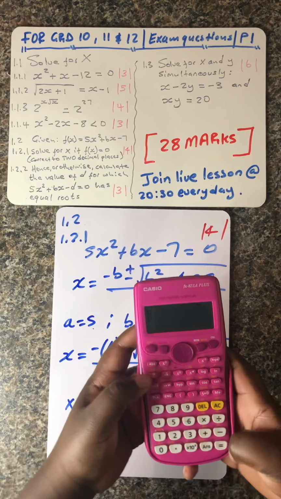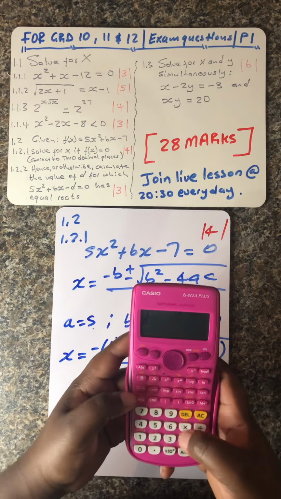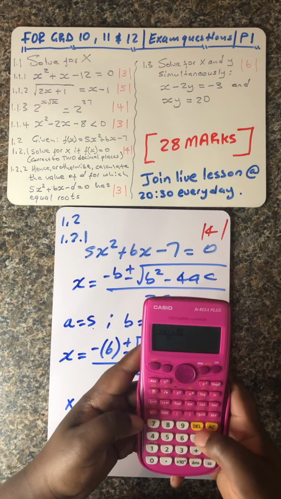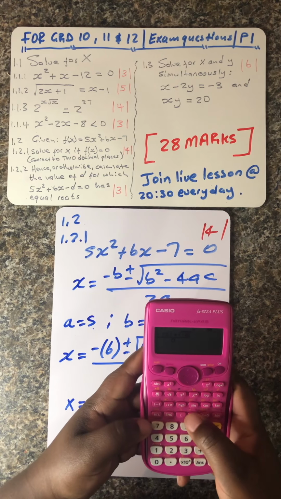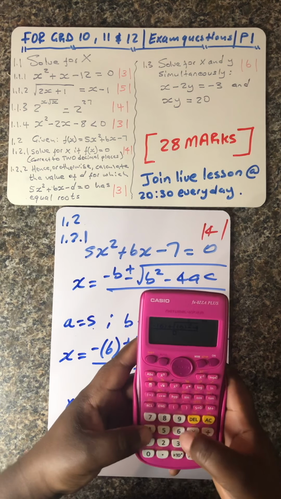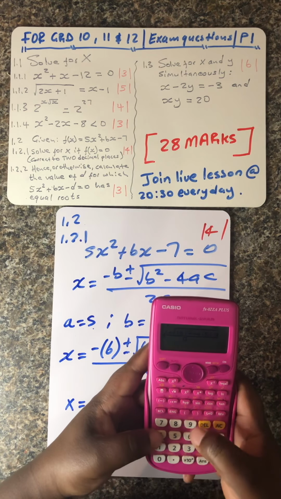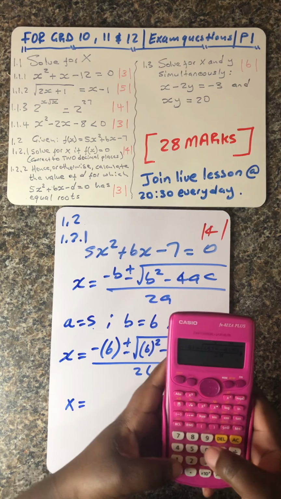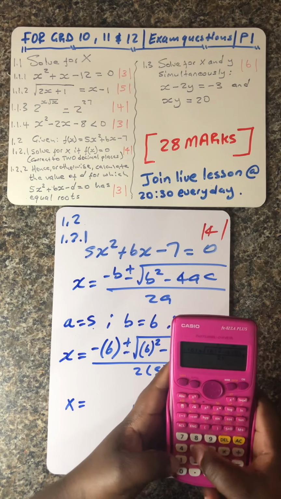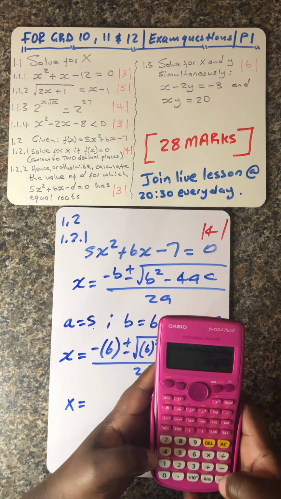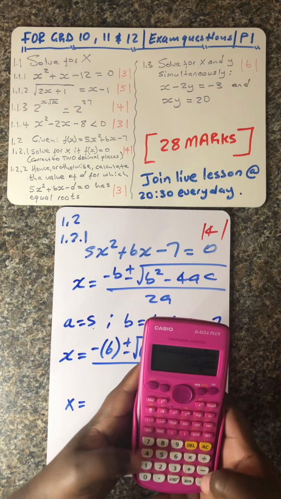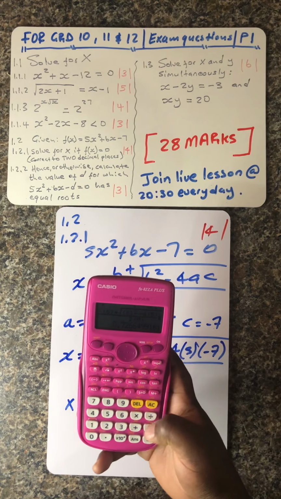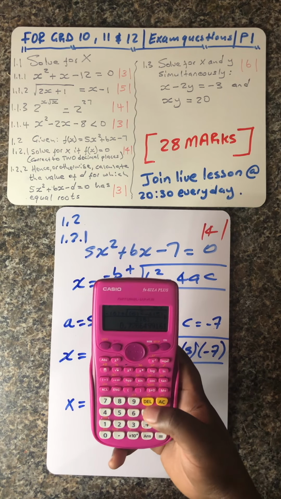I hope you're able to see there. Then you say negative 6, plus or minus, with the positive sign first, square root of 6 squared minus 4 times 5 times negative 7, that negative is very much important, all over 2 times 5. Then you get that fraction, you just punch that button to convert it to decimal.